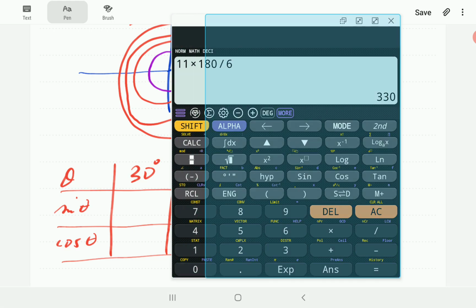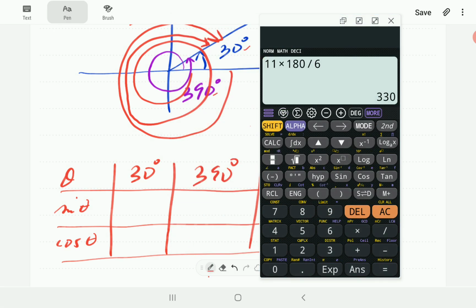So sine of 30, okay, that's 0.5. And then let's do sine of 390.